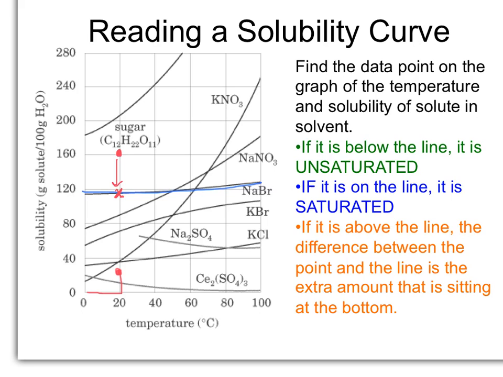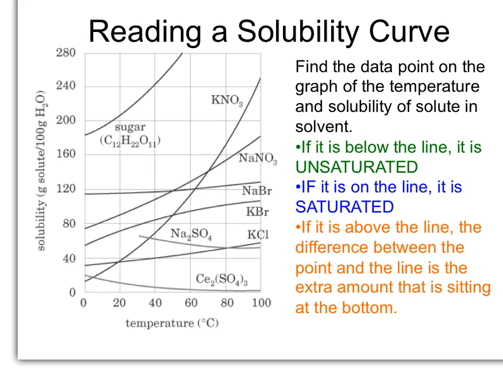That is the saturation point, which to me looks like about 118 grams. So if I'm trying to put in 160, the difference between those will be about 42 grams or so.